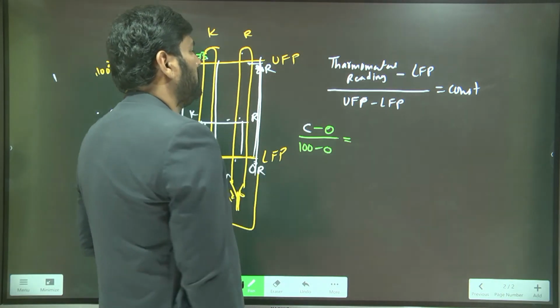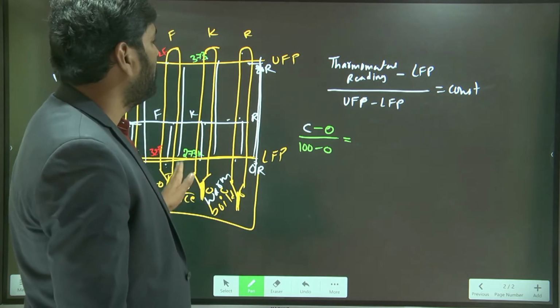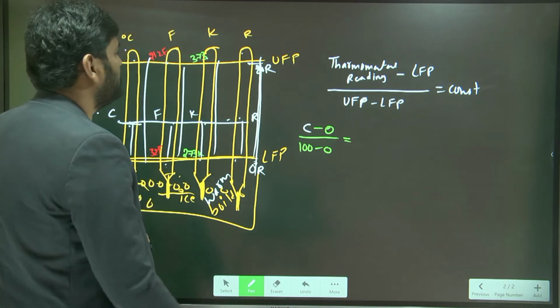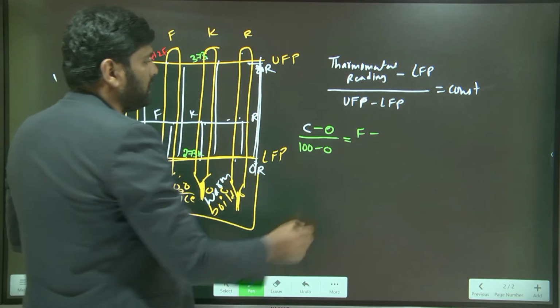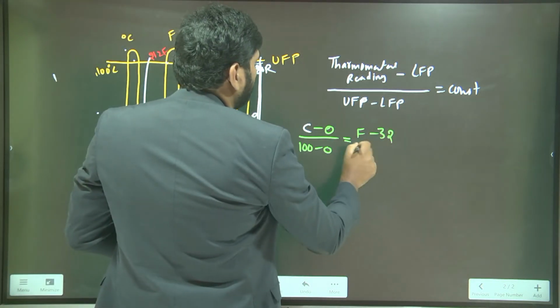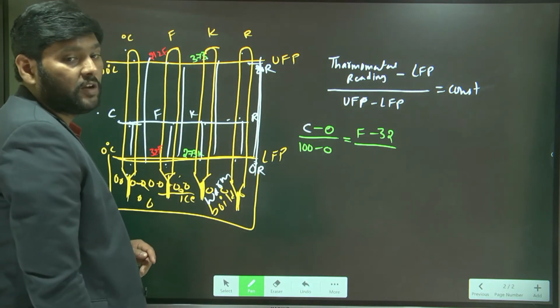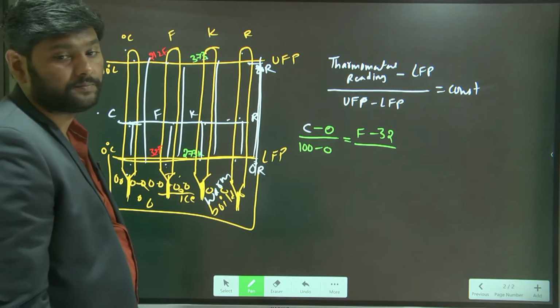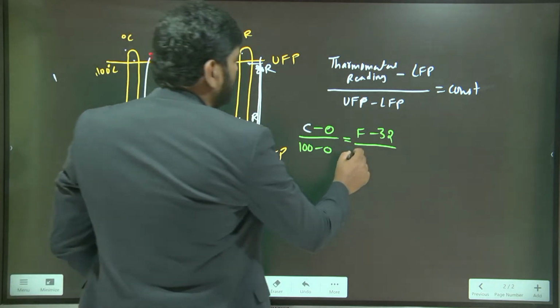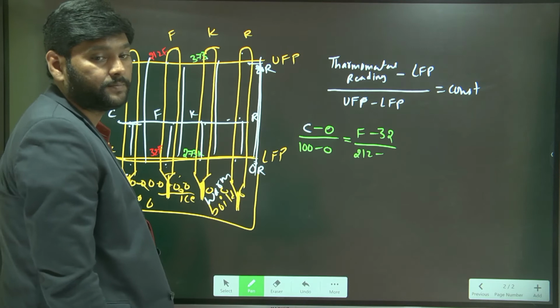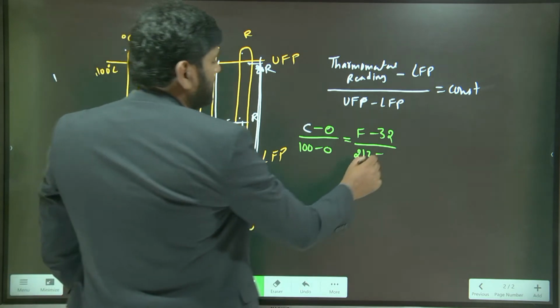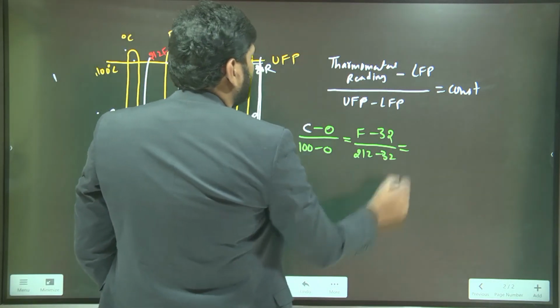Same way for Fahrenheit. The thermometer reading is F, the LFP value is 32, and the UFP value of Fahrenheit is 212. So F minus 32 by 212 minus 32.